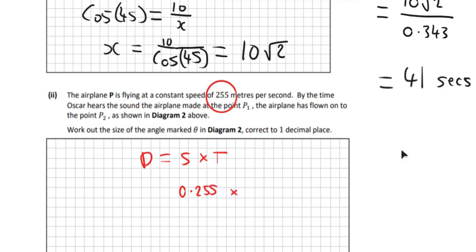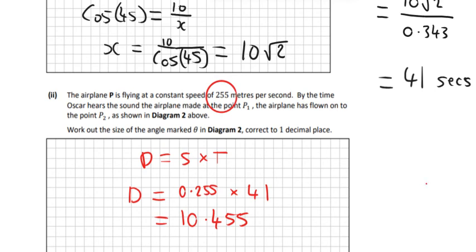But we need to know the time. Now we've calculated that in the first part, so that's 41 seconds. So that would give us the distance then. And I'm getting 10.455.